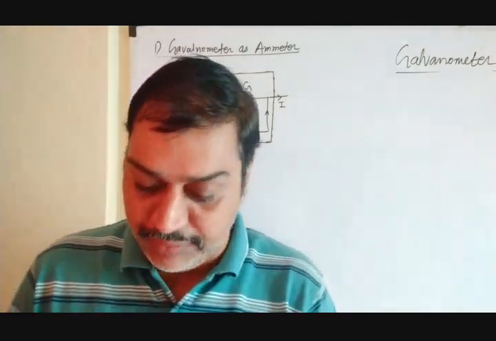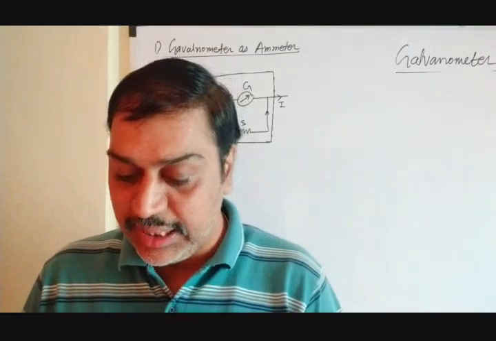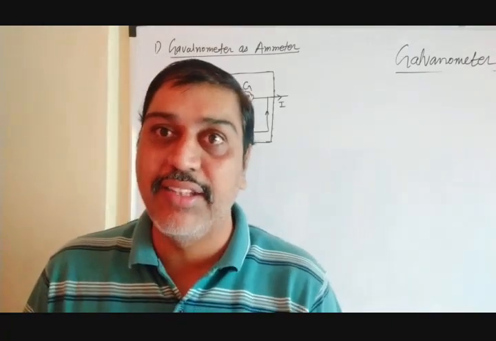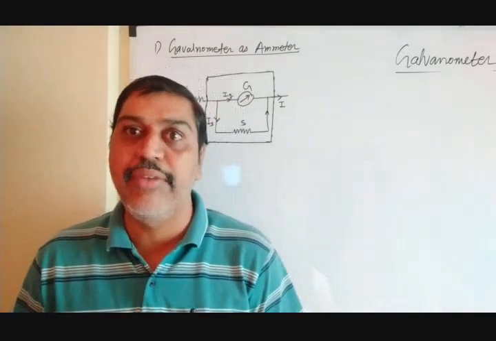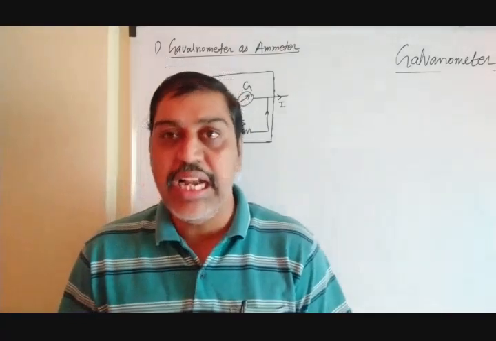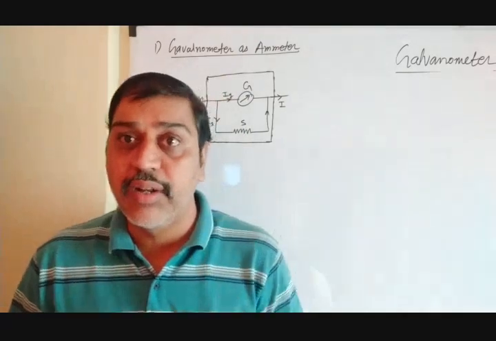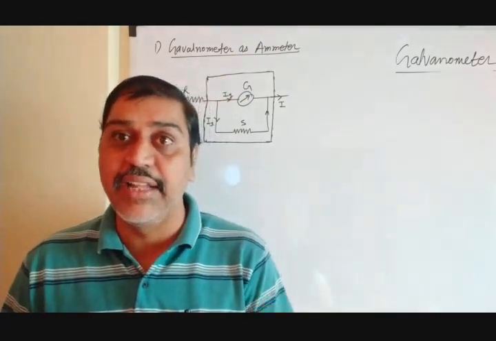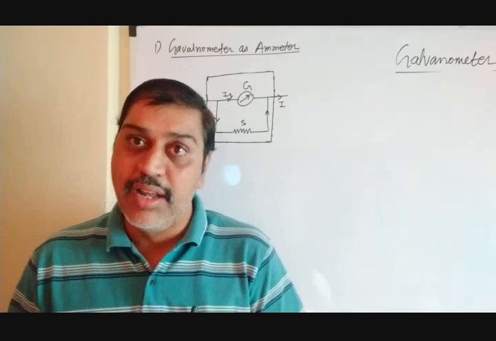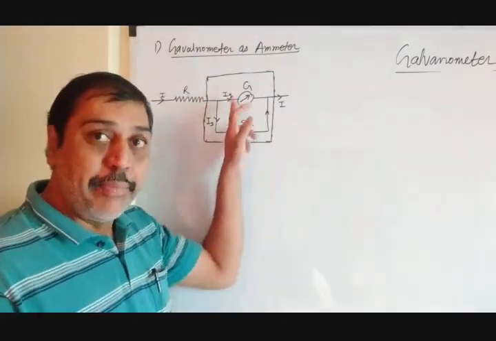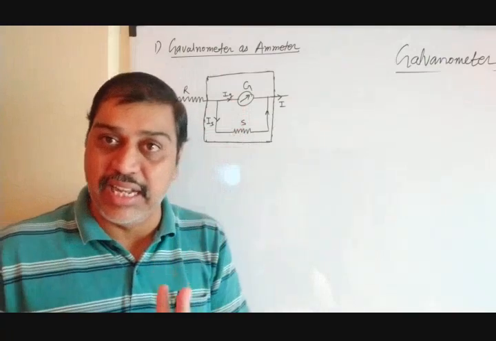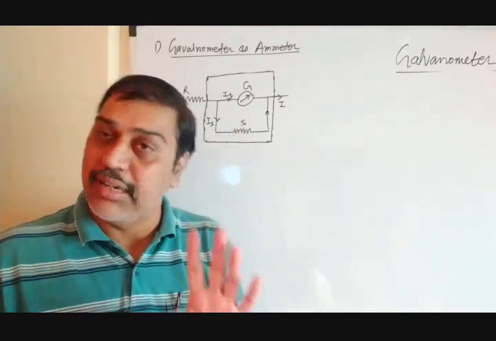Second one, the effective resistance must be decreased. The effective resistance of the galvanometer must decrease, because any instrument we use to measure current ideally has zero internal resistance. When we connect another resistance in parallel to the galvanometer, in a parallel combination the resistance gets decreased. In a series combination the resistance gets increased.